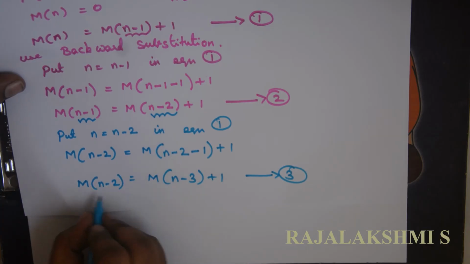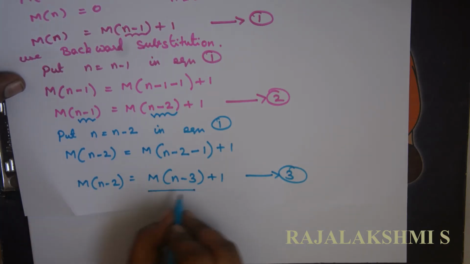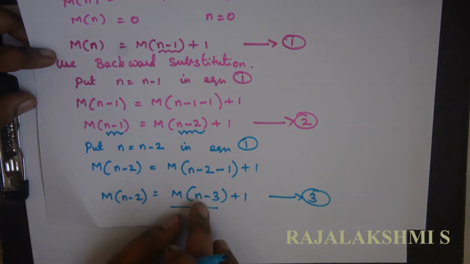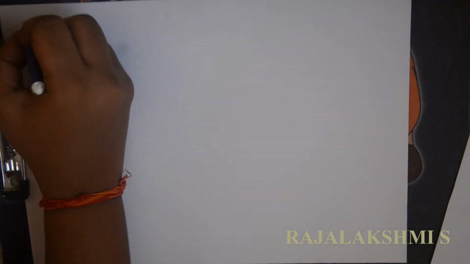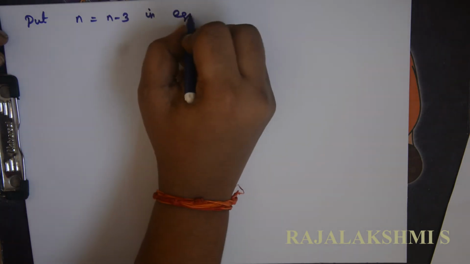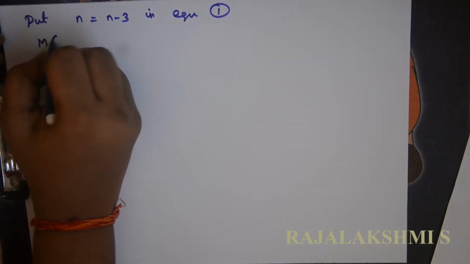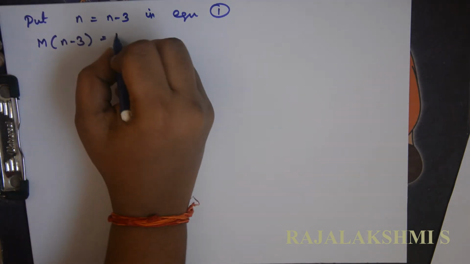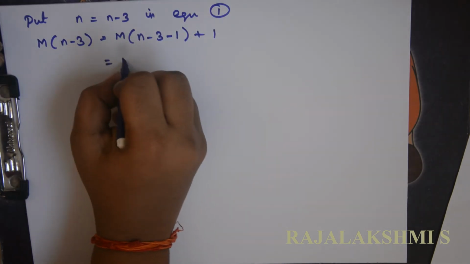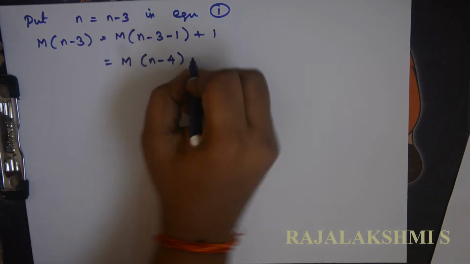Now if I want to find the value of M(n-2), I need to know the value of M(n-3). So in equation 1, I will put n equal to n-3 to get the value of M(n-3). We have M(n-3) = M(n-3-1) + 1, so this becomes M(n-4) + 1.